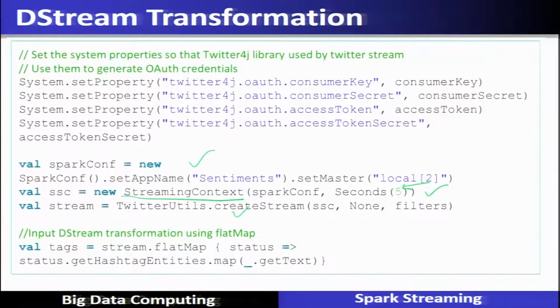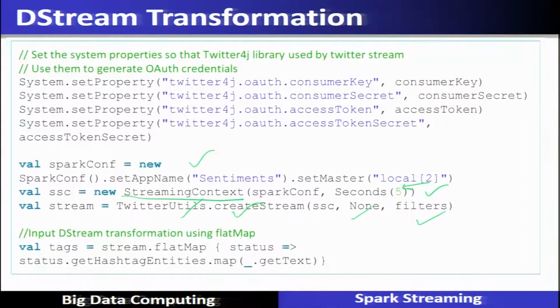Now the Twitter utility will create the stream, and this will be the input stream to the Spark streaming system, and it will apply some filters. Filters are none, so all the stream will be taken into the streaming system.